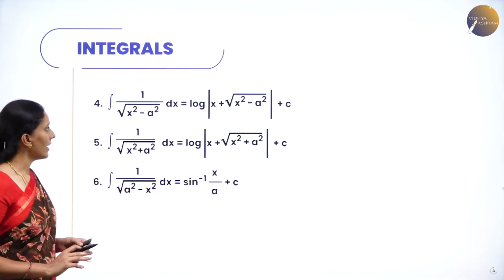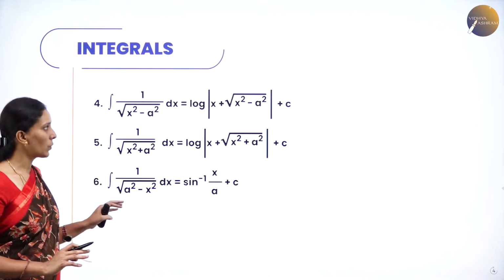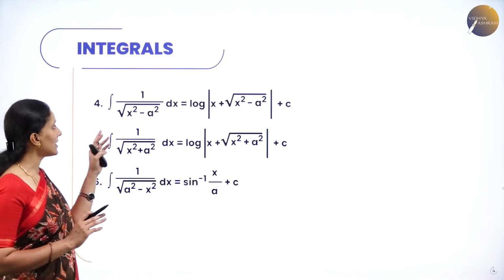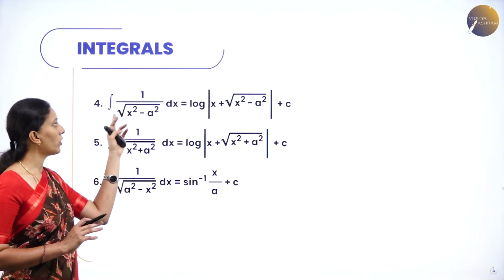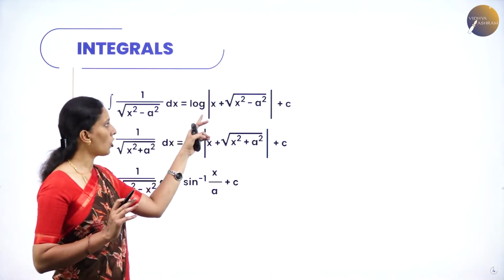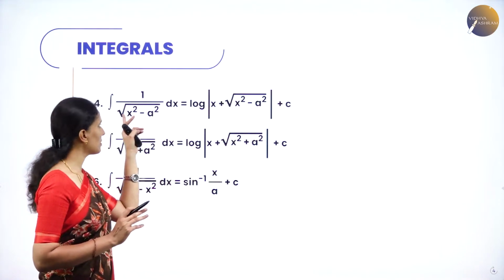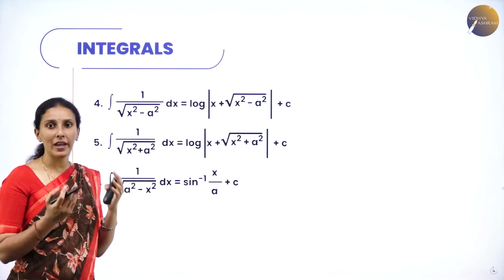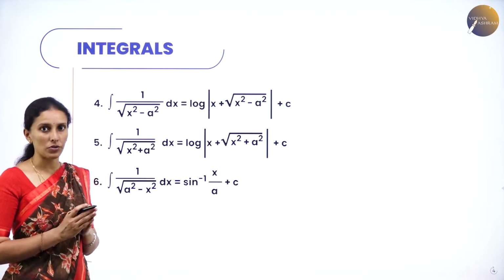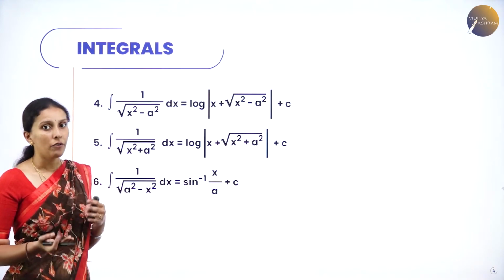Next are the same quadratic equations under the square root. When you have a standard integral of the form 1 over root x square minus a square, you can write it in the form of log of x plus root of x square minus a square. So x may be anything, it may be in the form of ax plus b also, a linear factor. It may be x minus 3 sometimes, x minus 2 or 4x plus 7.